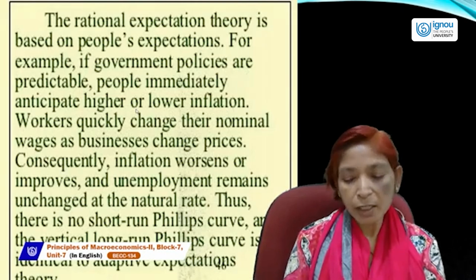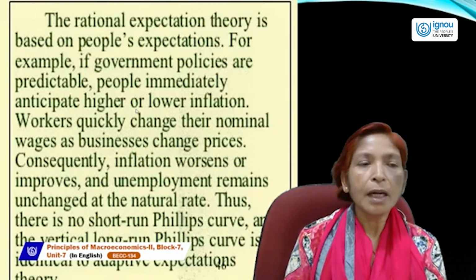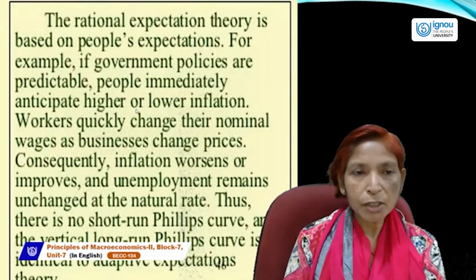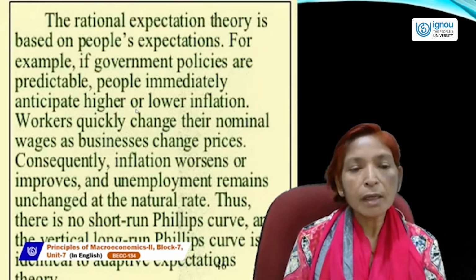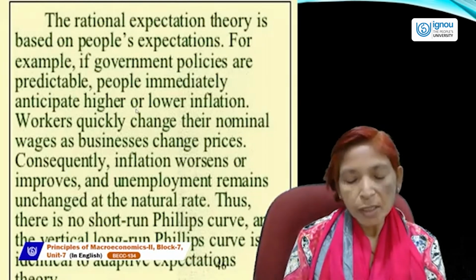If our predictions are based on past information, that will be called adaptive expectation. And if our predictions or anticipations are based on current information, that will be called rational expectations.